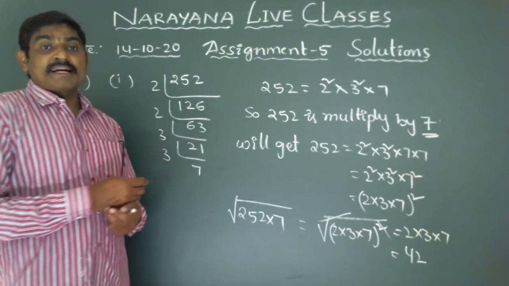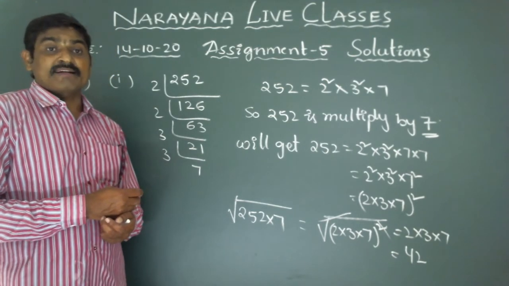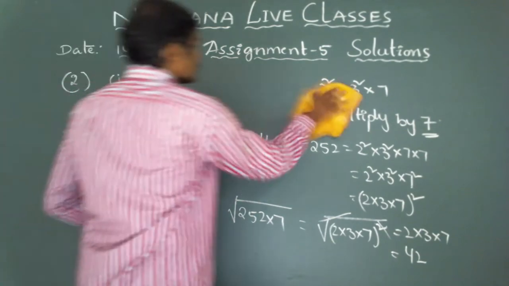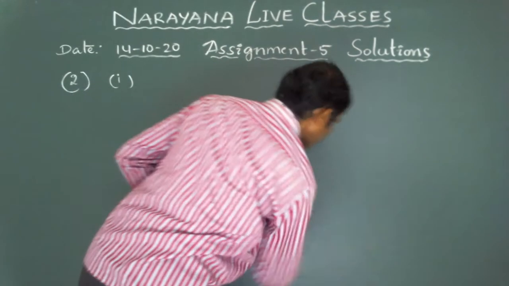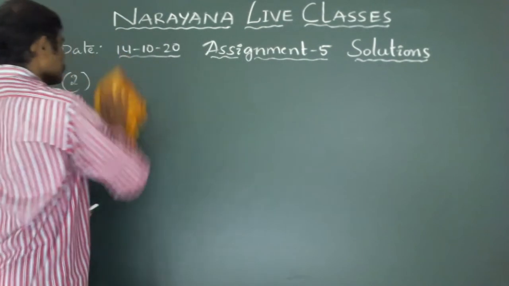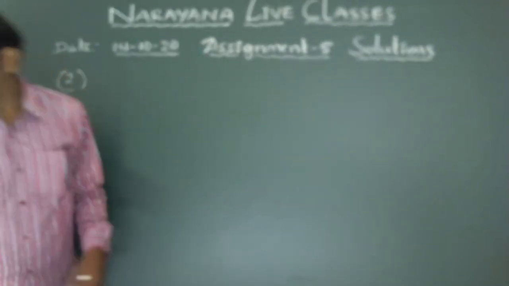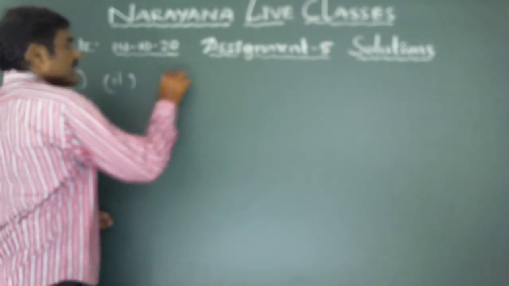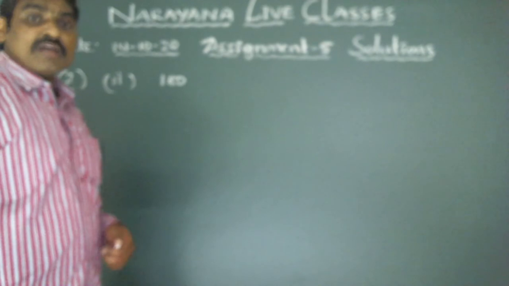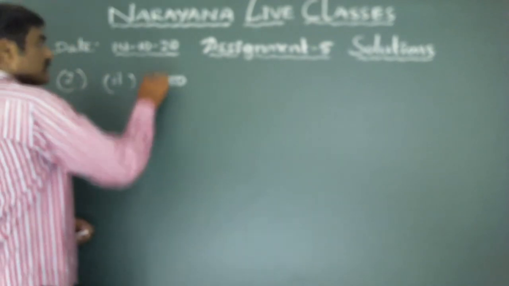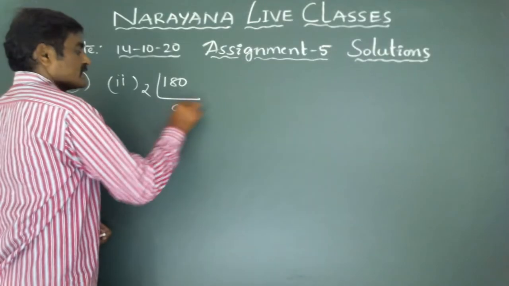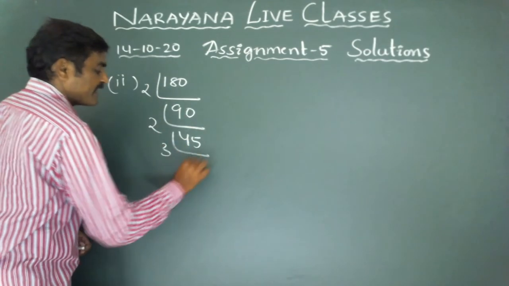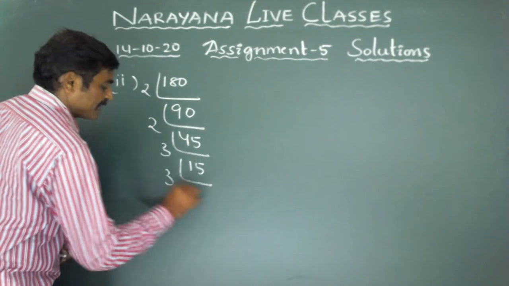Okay, so let us move on to the second one, 180. Let us do the prime factorization. 2 into 90, 2 into 45, 3 into 15, again 3 into 5.